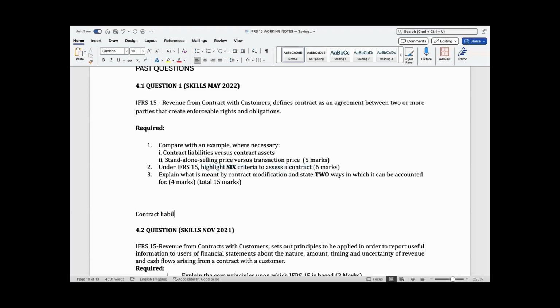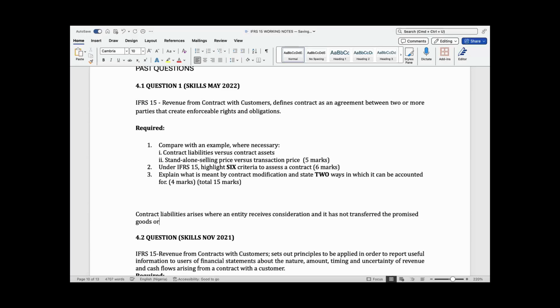Contract liabilities arise where an entity receives consideration and it has not transferred the promised goods or services.